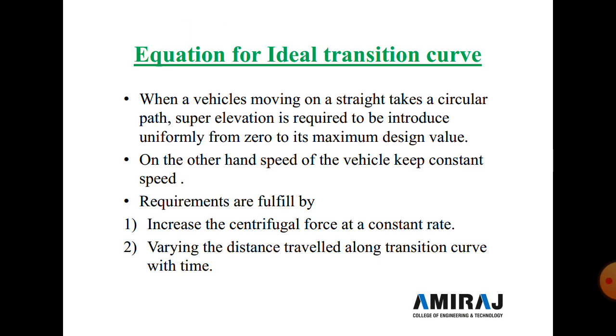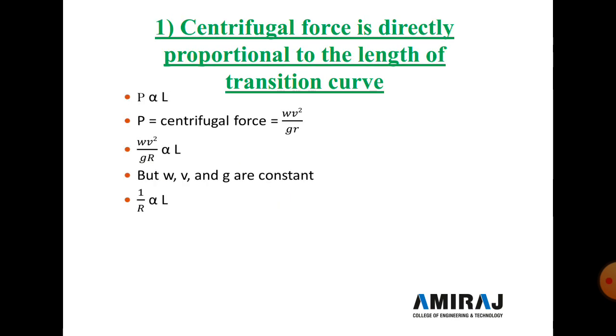Now next topic we start is the equation for the ideal transition curve. So when a vehicle moves from a straight onto a circular path, super elevation is required to be introduced uniformly from 0 to its maximum design value, and the speed of the vehicle is kept constant. These requirements are fulfilled by, first, increasing the centrifugal force at a constant rate, and second, varying the distance traveled along the transition curve with time.